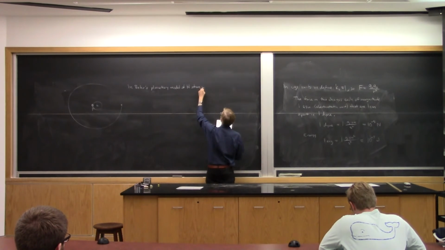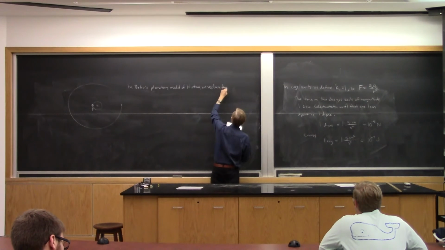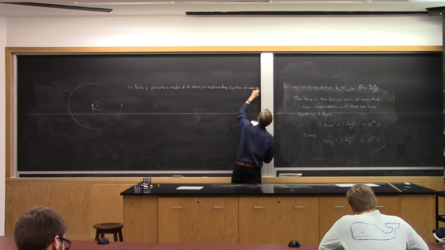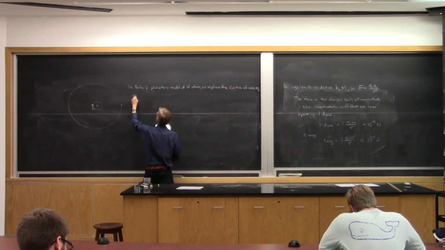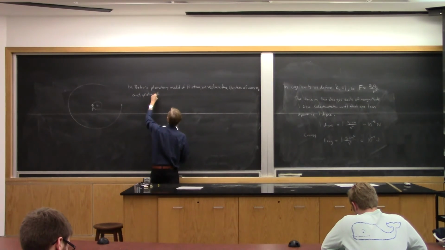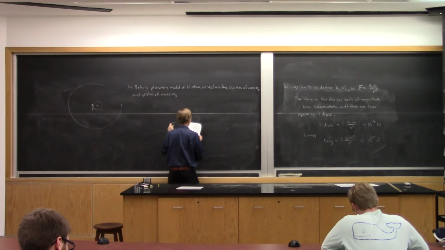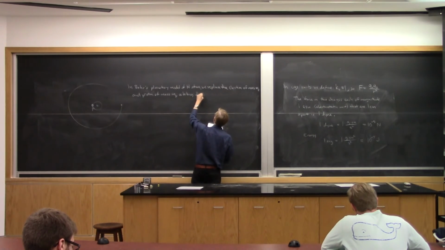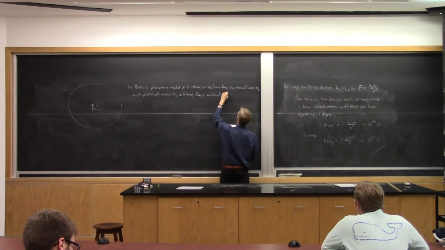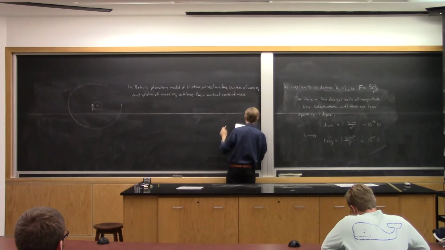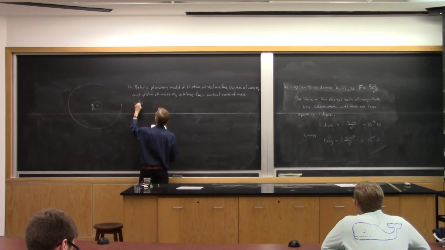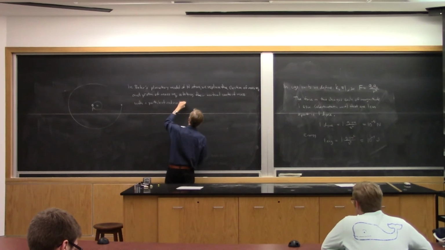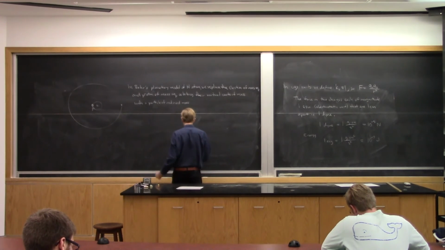We replace the electron of mass m sub e and proton of mass m sub p orbiting their mutual center of mass with a particle of reduced mass mu.